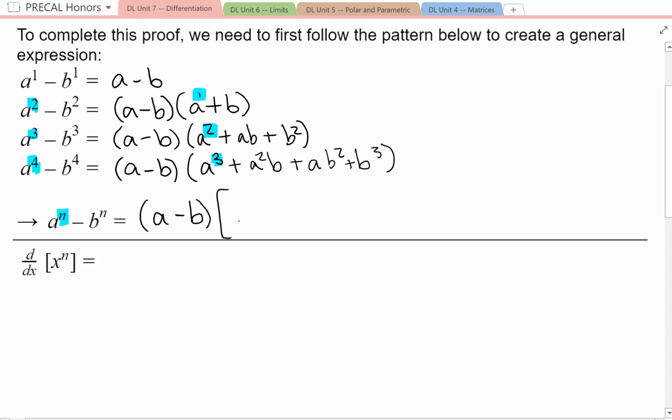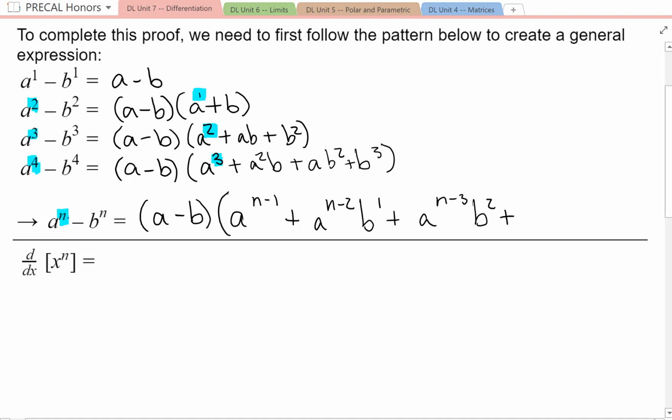So we're going to call that the first term, a to the power of n minus 1, plus a descends as b ascends, so this would be a to the n minus 2, okay, it's going down, and now b pops up, okay, before b was 0, now it's b to the 1, plus a to the n minus 3 times b squared, plus, and we don't know how long this goes on for, right?